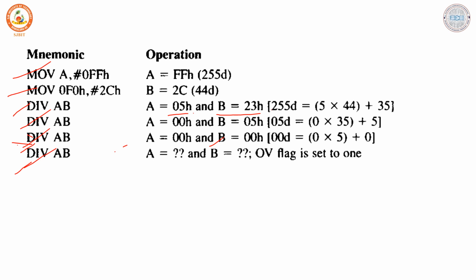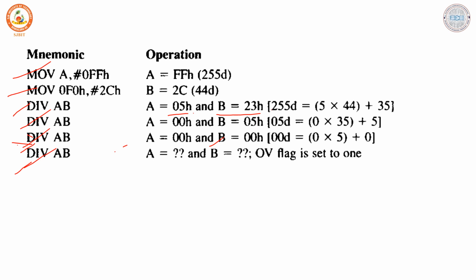it is 0 by 0, and the overflow flag is set to 1. Basically, the overflow flag will be cleared to 0 unless the B value holds 0 before the division operation. But when B is holding 0, then the overflow flag will be set to 1.